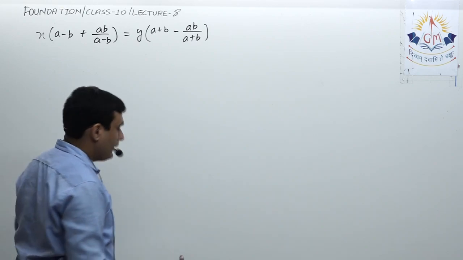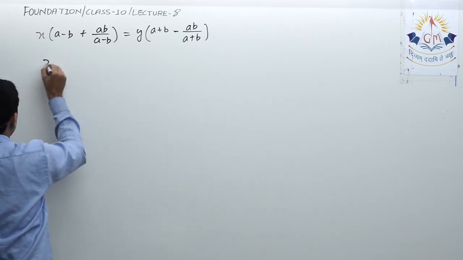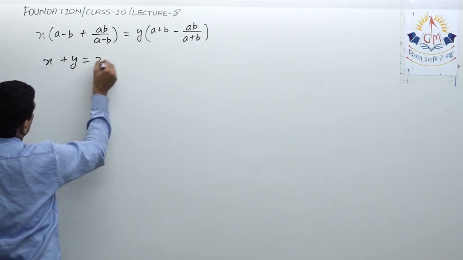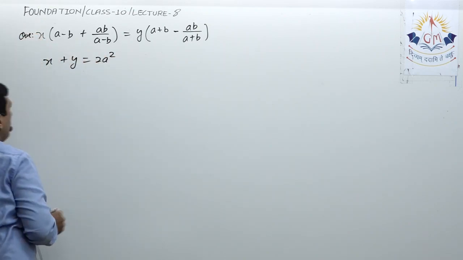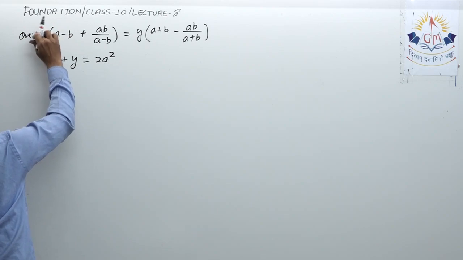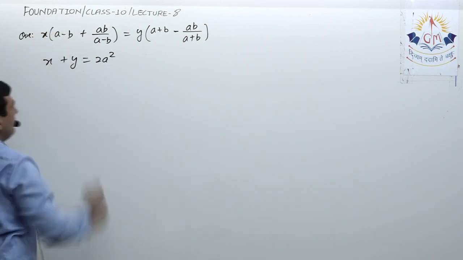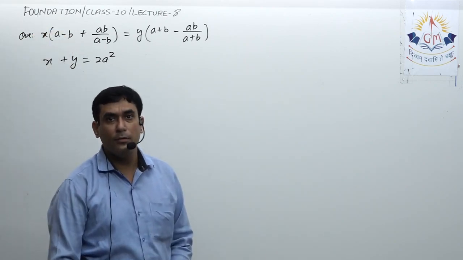Okay, the second equation is x plus y is equal to 2a square. Okay, so think for a while about how we have to proceed to solve this, then I will give its complete solution.